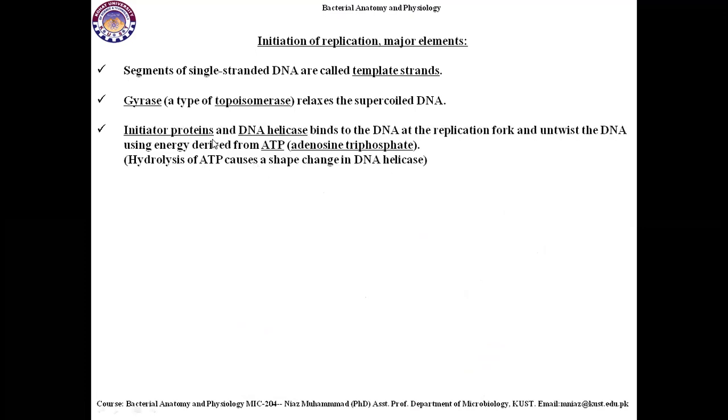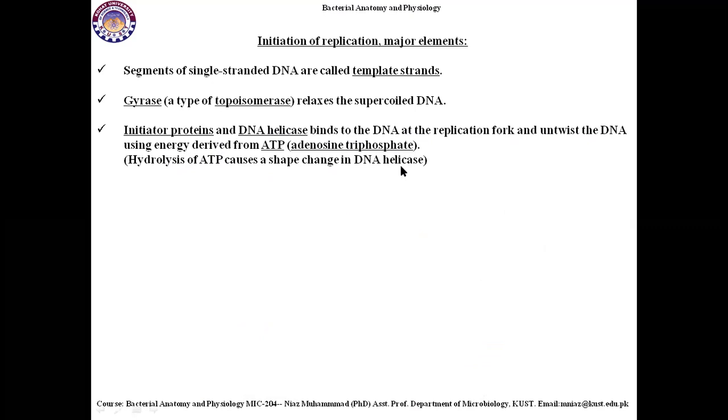Initiator proteins and the DNA helicase bind to the DNA at the replication fork and untwist the DNA using energy derived from ATP, adenosine triphosphate. Hydrolysis of ATP causes a shape change in DNA helicase.